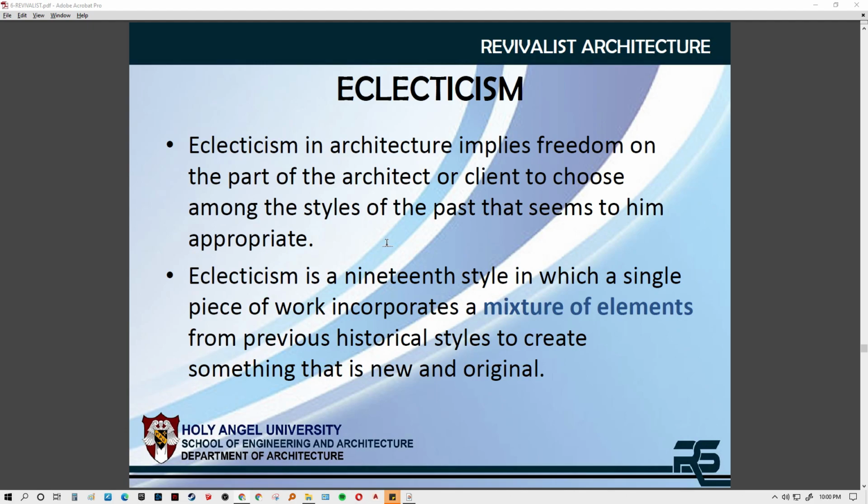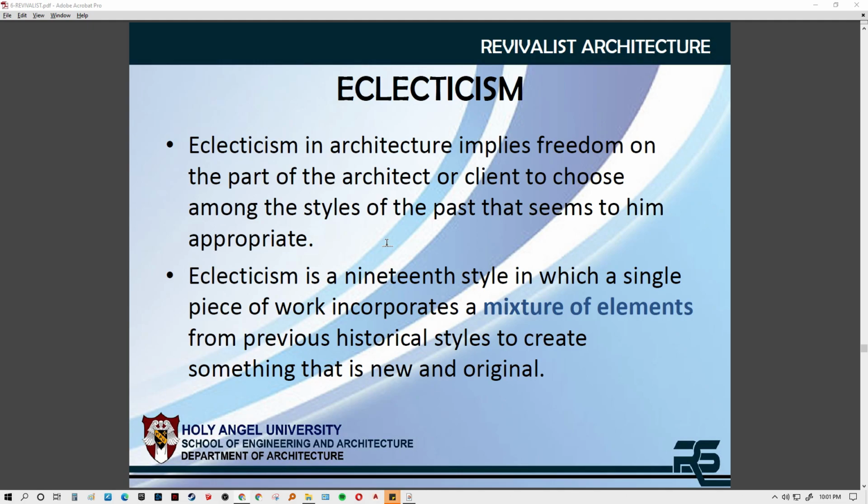The term eclecticism implies freedom on the part of the architect or the client to choose among styles of the past, and they will be joined together. So harmony with the design, a mixture of the design elements, the design style, the finishes, materials, patterns, and looks, to somewhat give an appeal that it is new, making it original.